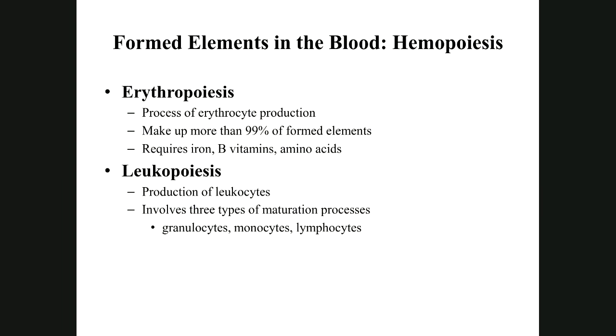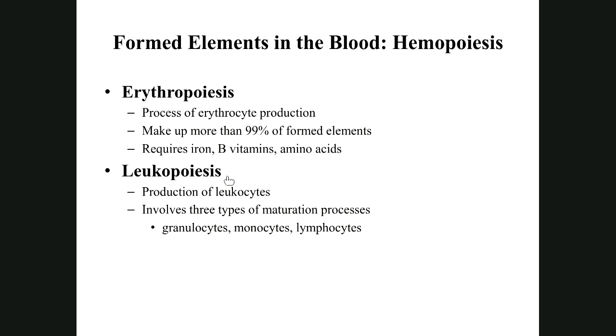Now, hemopoiesis is the overall process, but whenever we break it down, we can also talk about the specifics of each one of these formed elements. Erythropoiesis is the specific process of creating red blood cells, erythrocyte production. So if you haven't figured out yet, the suffix poiesis means cell production. Leukopoiesis, white cell production.